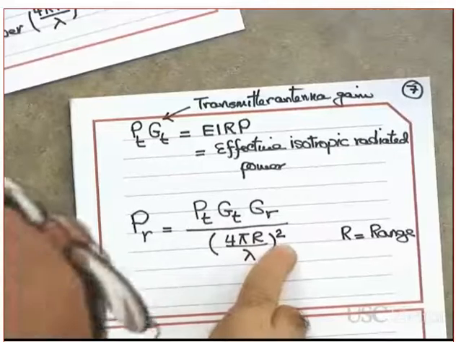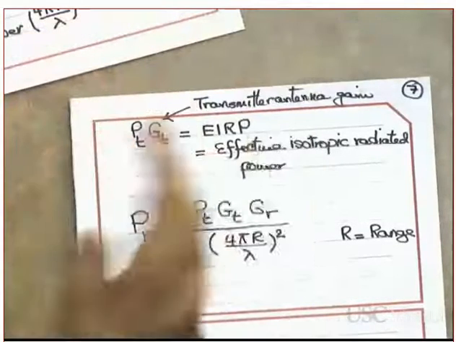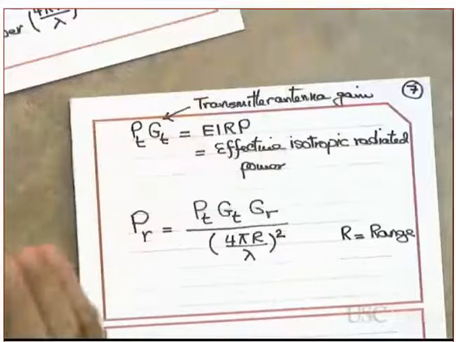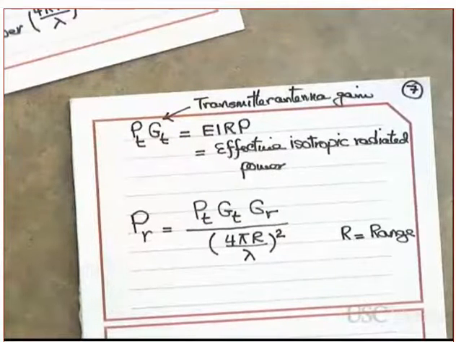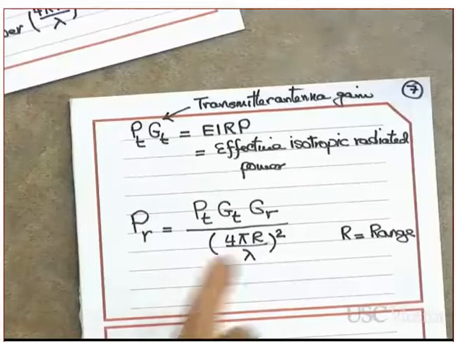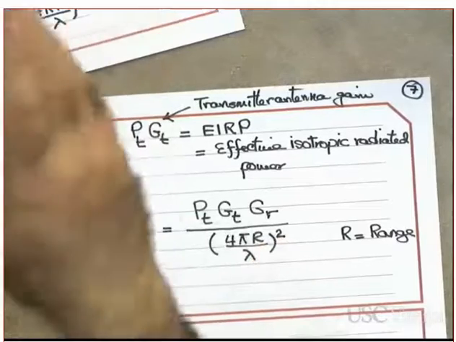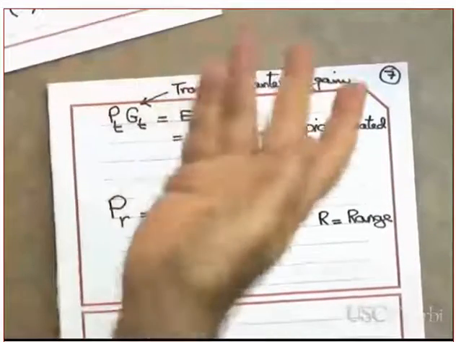And even this square is very optimistic. It means I am assuming that it is free space. If you are communicating in a dense urban environment, like downtown LA, probably this exponent will be 3.5 or 4, or even higher. What does it mean?